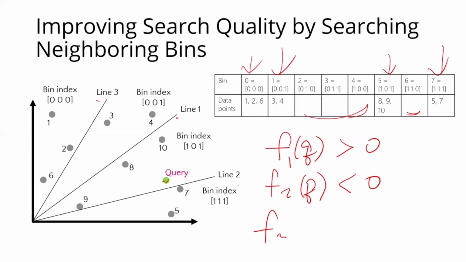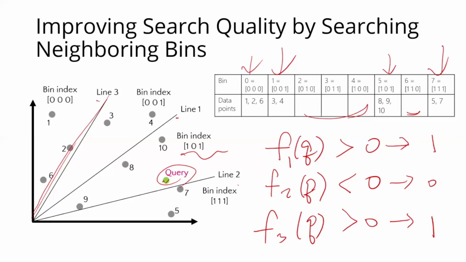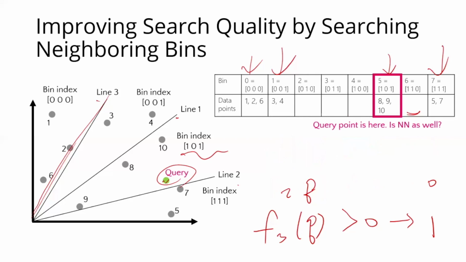And if you put the query point into the third hash function, the line is above the query point, so that's going to be a positive sign. From that, we know that this is 1, this is 0, this is 1, right? So the bin index for the query is 101, right? So we know that the query falls into this fifth bucket in the hash table.